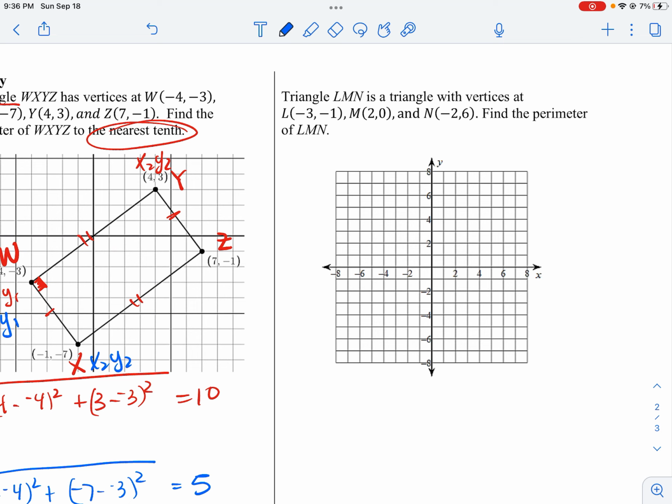So we have triangle LMN. L is at -3, -1. M is at 2, 0. And N is at -2, 6.